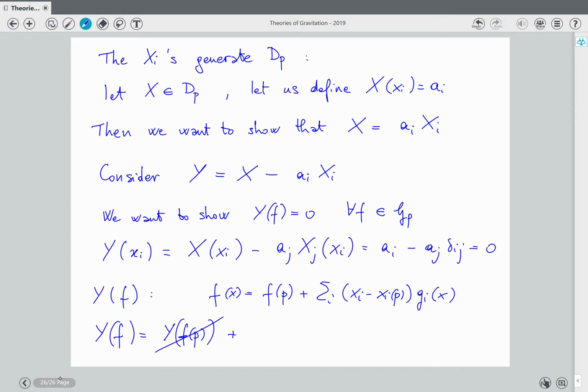Then you have a sum, so y acting on a sum is the sum of y acting on the elements you are summing.